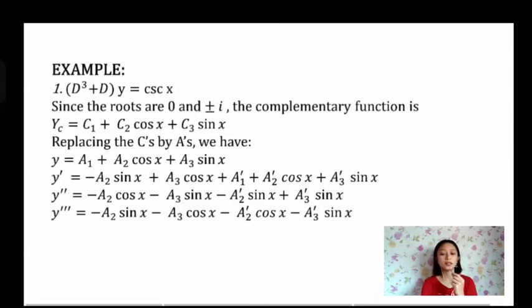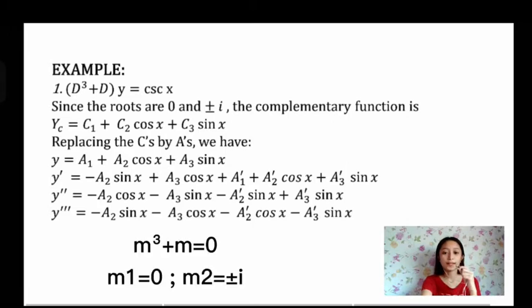Given the example y triple prime plus y prime equals cosecant x, the first step is getting the roots, which is m cubed plus m equals 0, m sub 1 equals 0, m sub 2 equals positive negative i.